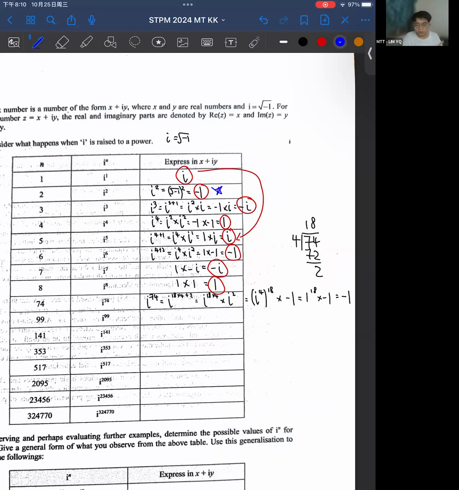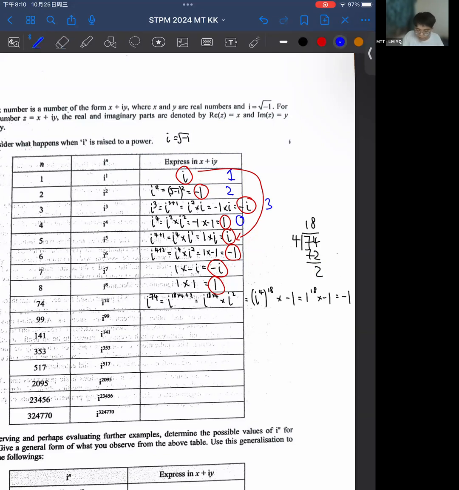So we look at the remainder: remainder 1, this one; remainder 2, remainder 3. Do you have remainder 4? Remainder 4, we usually don't say. We say remainder 0, because when you divide by 4, you cannot have remainder 4. So 0 remainder.